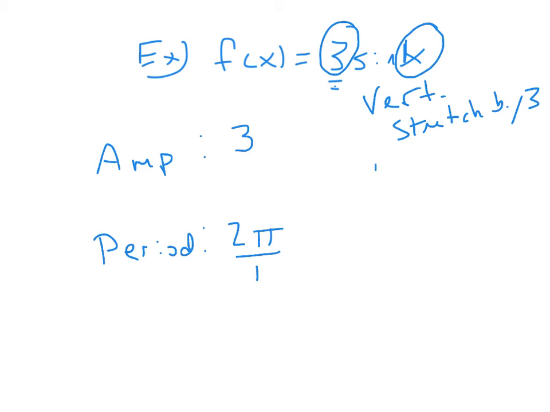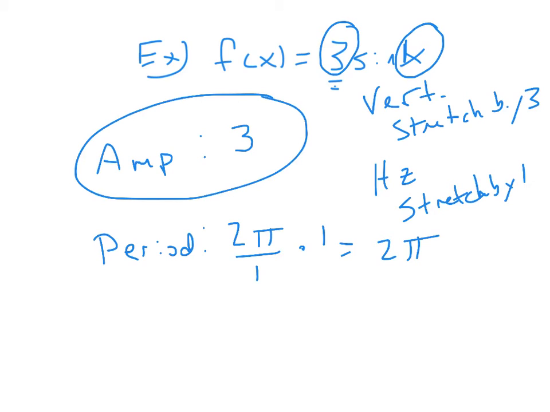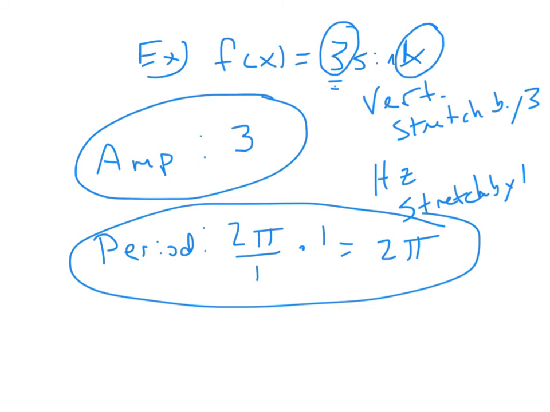It has a horizontal stretch by 1. So I'm going to multiply the normal period by 1, which doesn't change it, so this one has a period of 2 pi as well. So those would be my answers for this question. This function has an amplitude of 3. It has a period of 2 pi. So let's now move on to our next example.